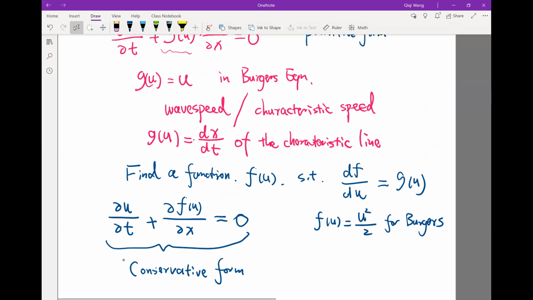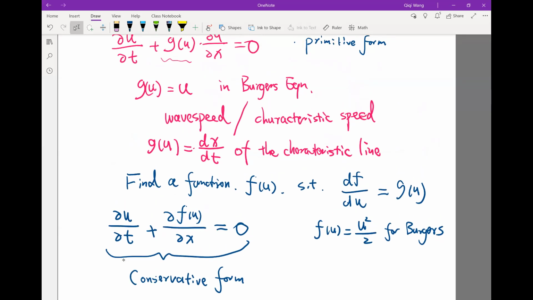But the characteristic speed would be u, and u would not be the actual speed of the cars. It's like in physics, there is the material velocity and the phase velocity, right? The characteristic speed would be the phase velocity, and here the material velocity would be half of u.